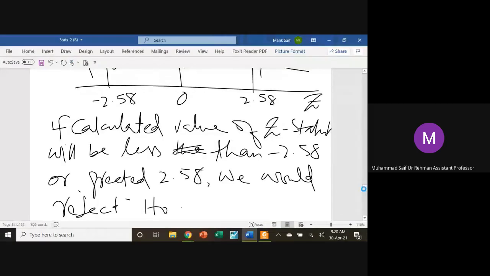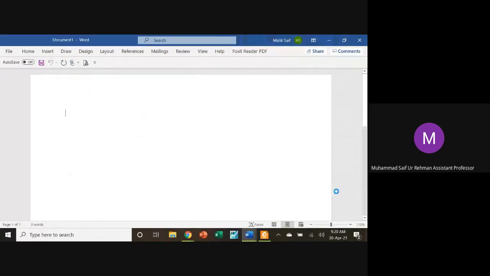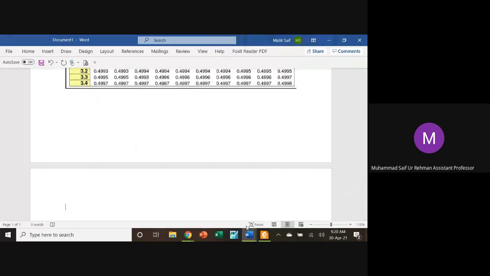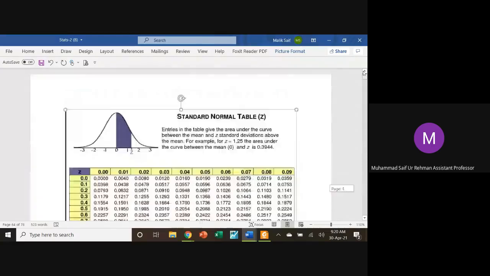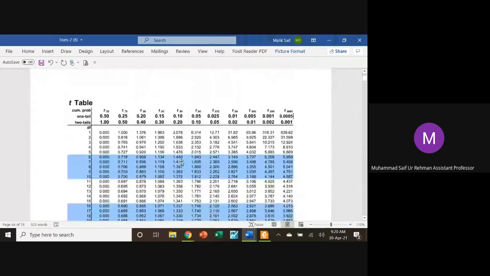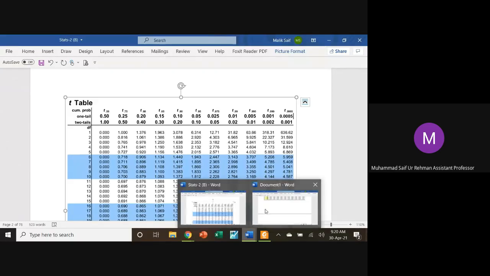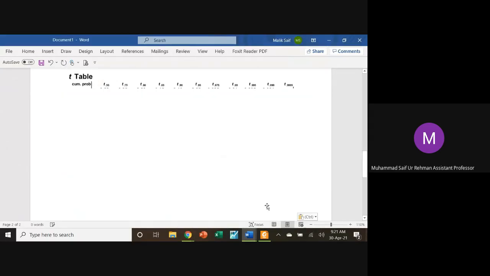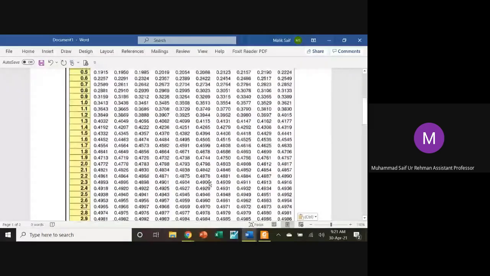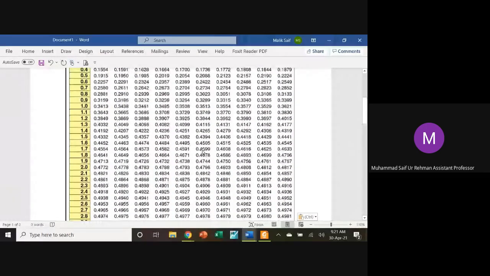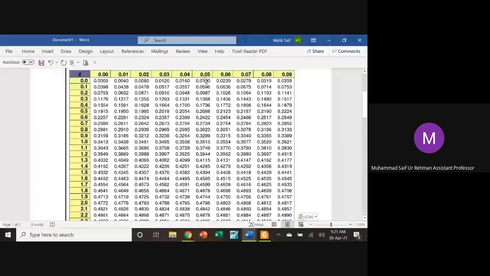Or let me have another file for my convenience so that I have both tables in the same place. Okay, so now it is easy for me to handle these two. So 0.45 you have to locate here. This is 0.4505. You will take this value, 1.65.